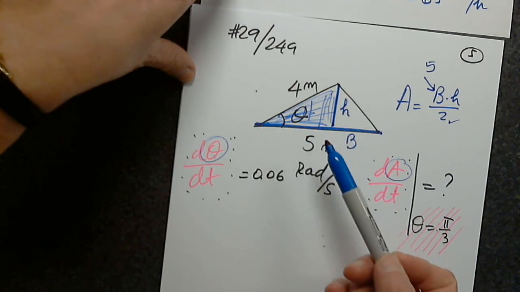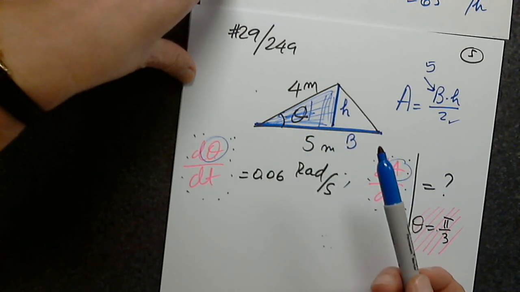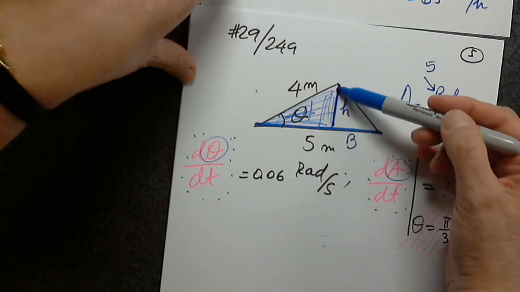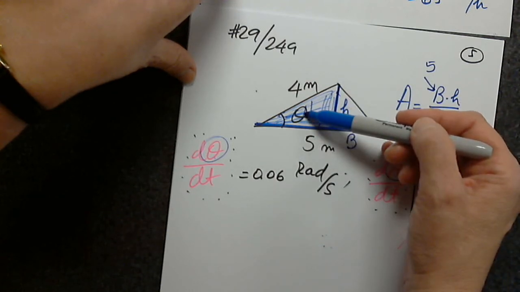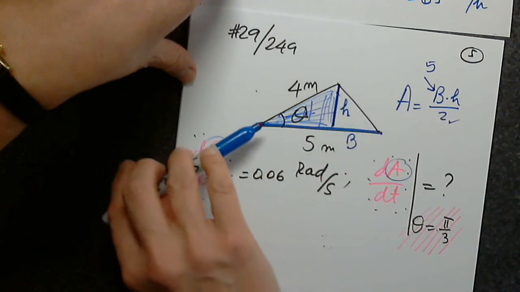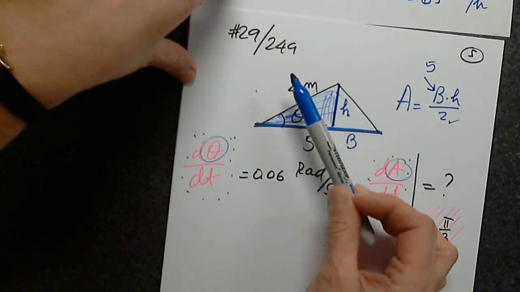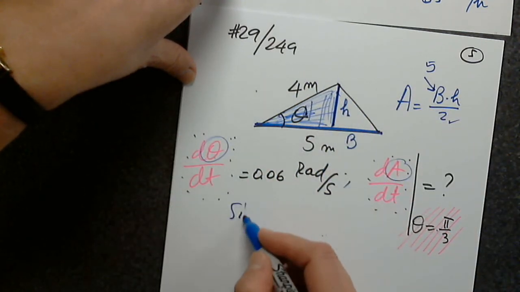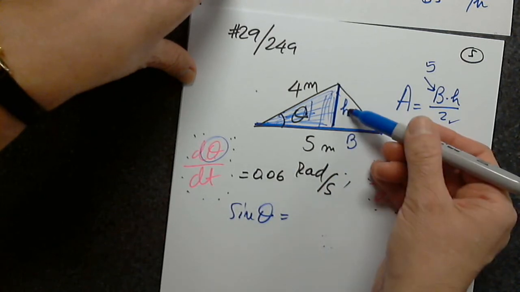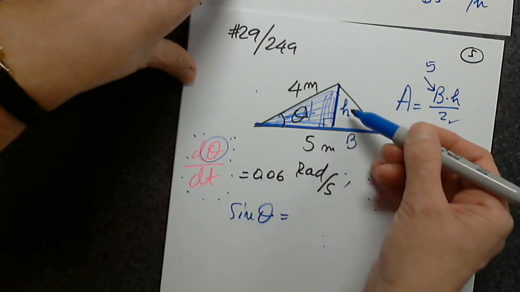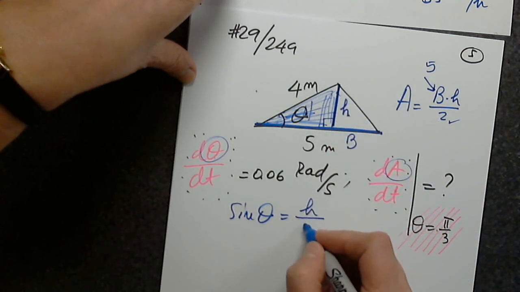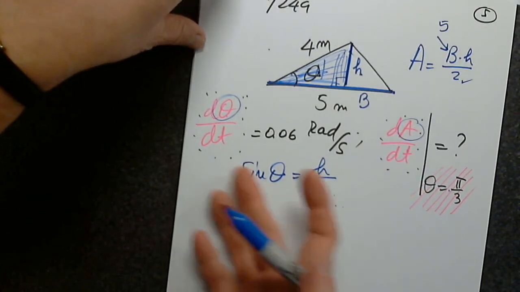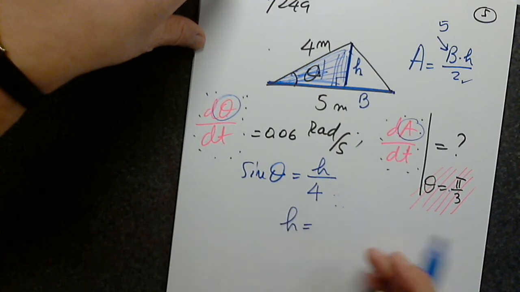Is there any trig function that will allow me to determine the height in terms of theta? Exactly, thank you. Sine theta equals the opposite over? Yes. Can anyone solve this for h for us?